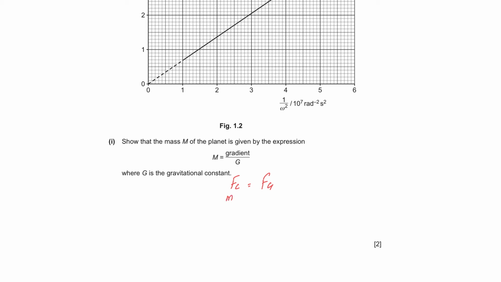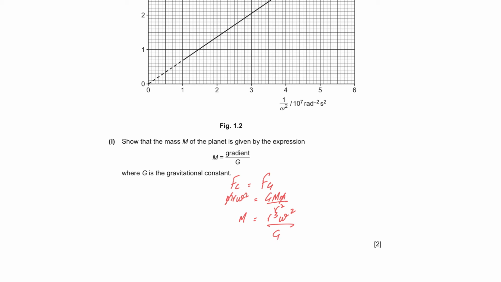Or I can say m r omega squared, the centripetal force, is equal to G M over r squared. This lowercase m cancels out with this lowercase m, which is basically the mass of the moon orbiting the planet. We can rearrange this equation, and that would give us M is equal to r cubed omega squared upon G.